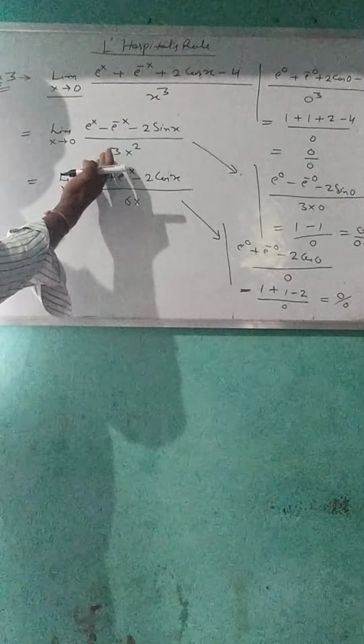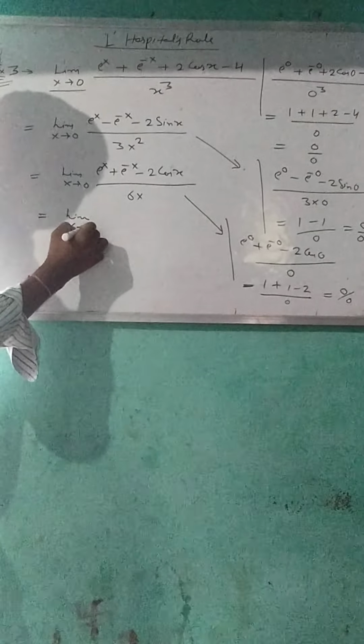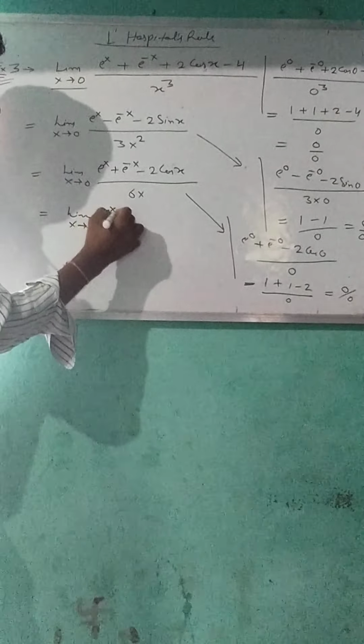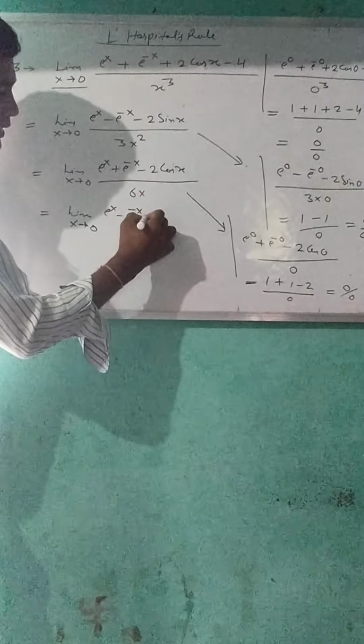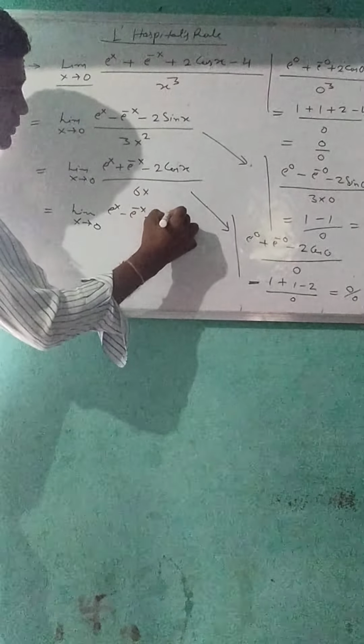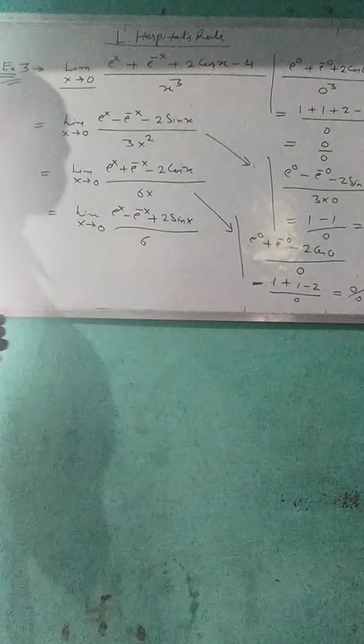So we can again use L'Hopital rule. The limit as x tends to 0 is e to the power x minus e to the power minus x. Differentiation of minus 2 cos x is plus 2 sine x, and the denominator is 6.